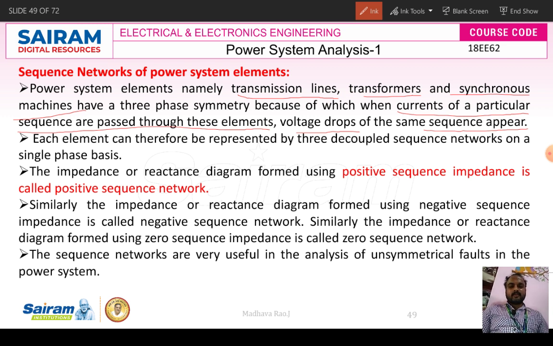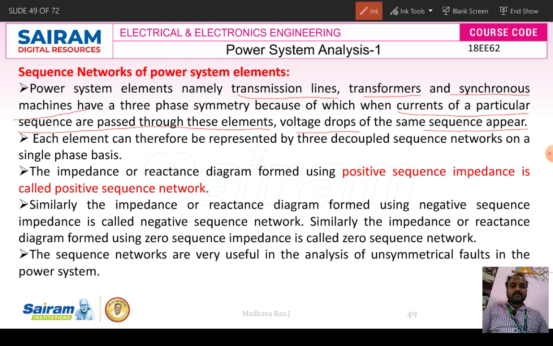Since all the voltage drops are of the same sequence, each element can be evaluated on the basis of single phase.